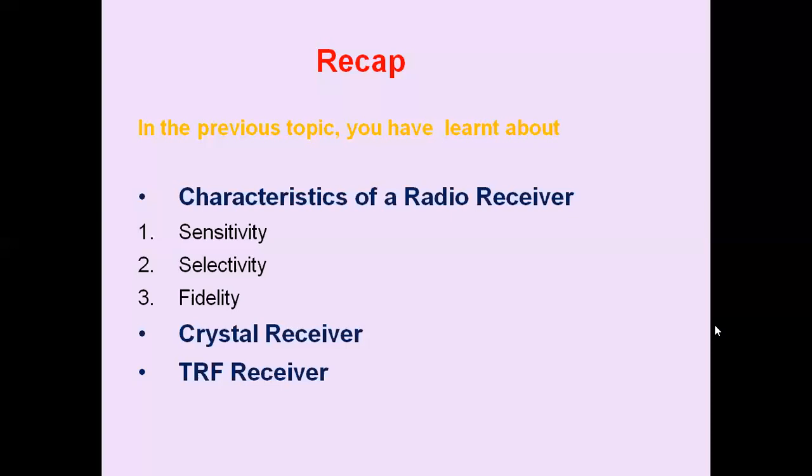But all these parameters are not up to the required level. There may be bandwidth variations, variations in signal strength, and fading effects. We want more sensitivity and selectivity. Hence, we are going to study heterodyne receivers. We call it the super heterodyne receiver.